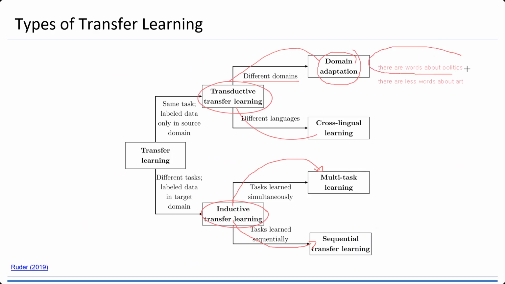I can utilize the words in politics, and then adapt those words to understand a new domain, another domain. So this domain will be adapted to a new domain. This is about art, so this is another domain. We call this domain adaptation.